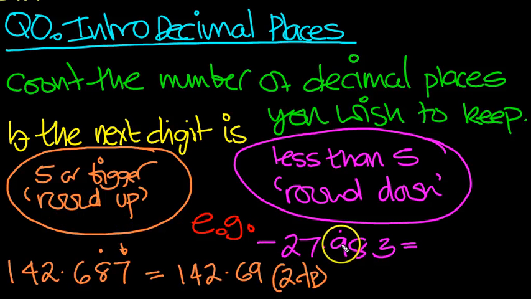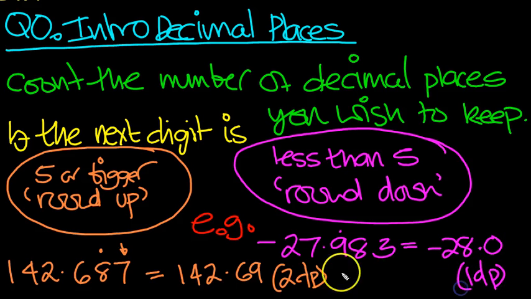So we round the 9 up, and we add 1 to it to get to 10. 10 in this column is really minus 28, isn't it? Because you add 1 to 28. When you add 1, carry 1 over. And then that will be 0.0. And that would be to 1 dp. There we go. So minus 27.983 to 1 decimal place is minus 28.0.